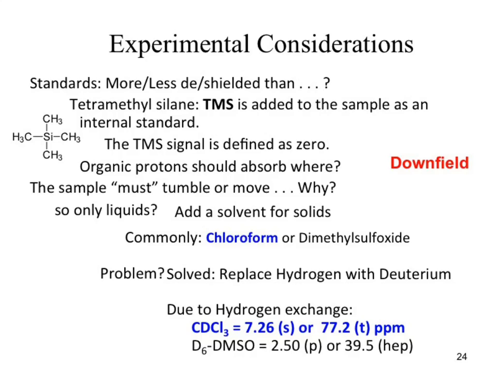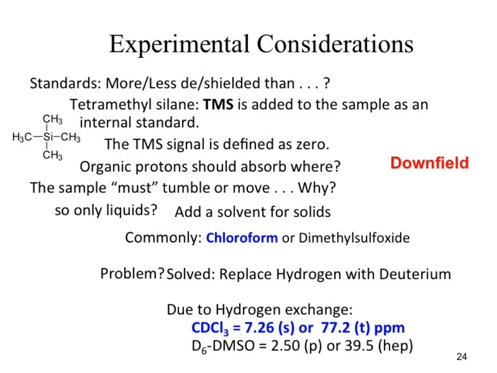The issue with that is that while deuterium is invisible, there's lots of water in the atmosphere with lots of hydrogen available to it. As soon as we open the deuterated solvent, what gets into it? Water and ultimately hydrogen, which exchanges with the deuterium, and we end up seeing chloroform again with that hydrogen. So depending on how clean your sample is, you may very well see another signal pop up.